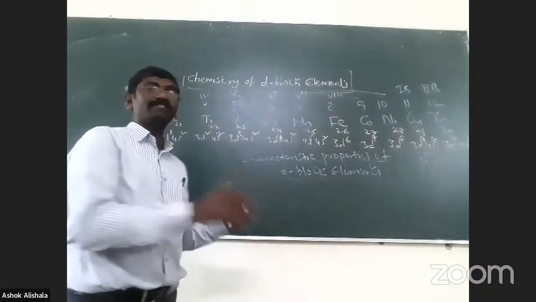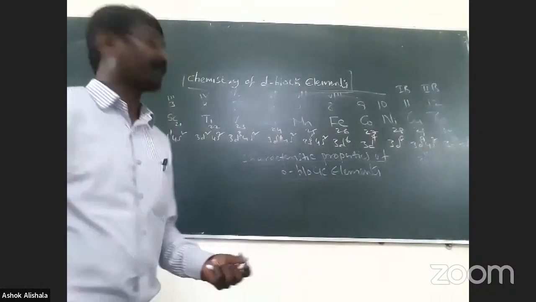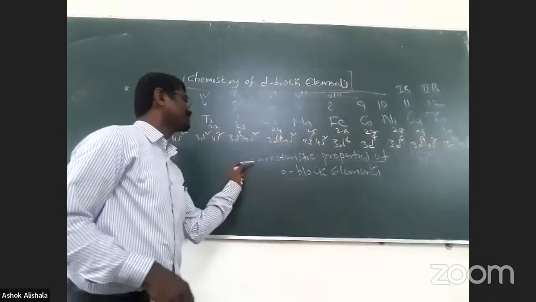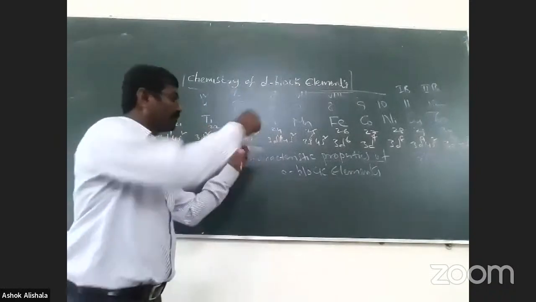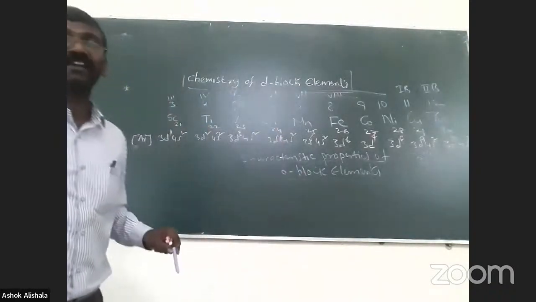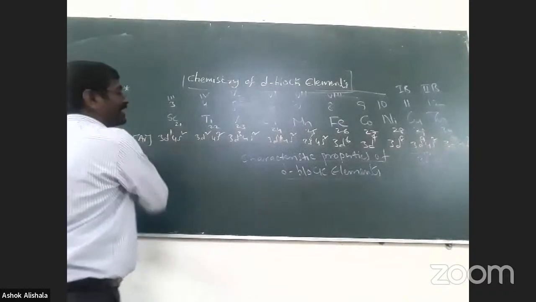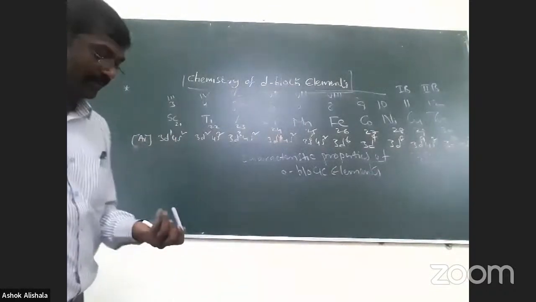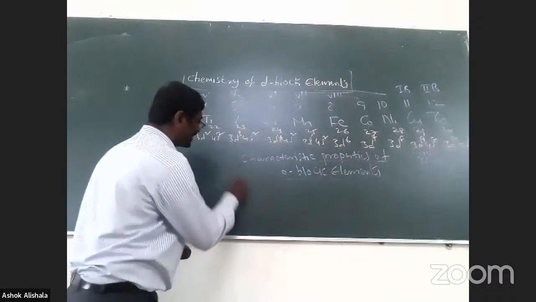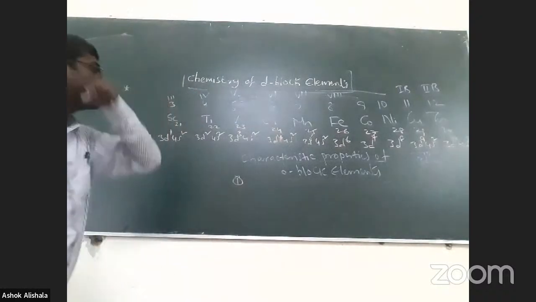These d block elements have some more significant properties. Those properties are said to be the characteristic properties of only the d block elements. So what are the characteristic properties of d block elements?